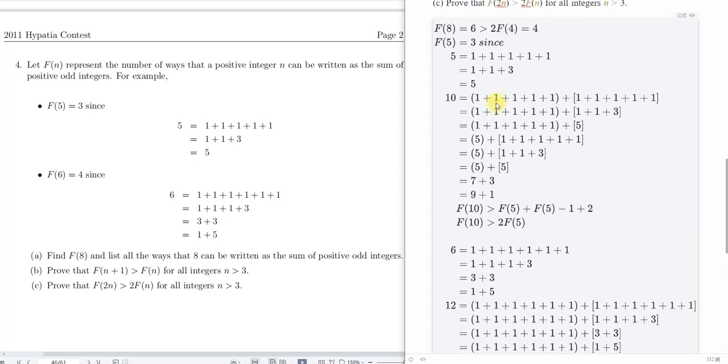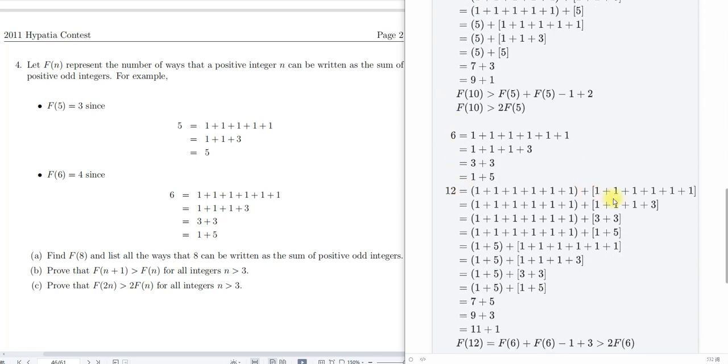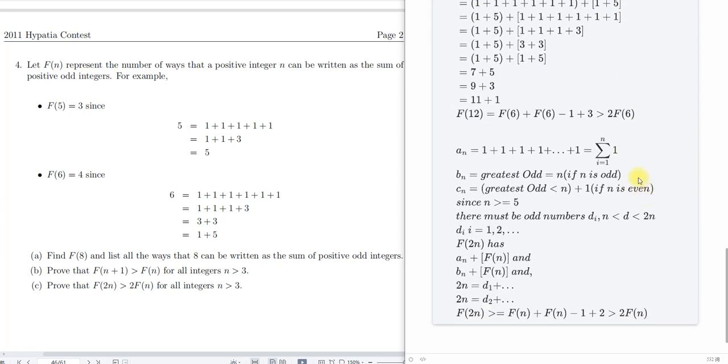Okay, so we discussed 5 and 10, 6 and 12. So we can abstract it in a more general way. Let's assume A_n is 1 plus 1 plus 1 plus 1, the way to write the sum of positive odd integers, all ones. And B_n is the greatest odd number if n is odd, so B_n equals n.